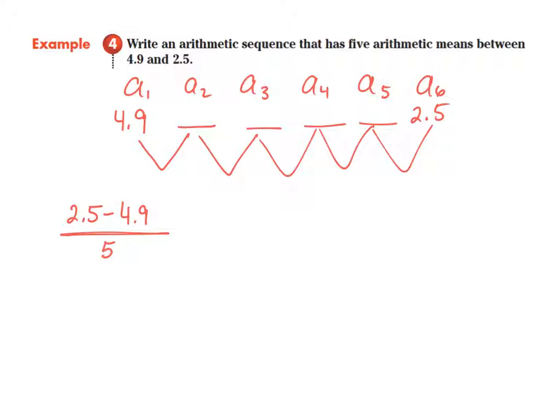Why wouldn't it be 4.9 minus 2.5? Well, you want to do the last one in your series minus your first one in your series. It's not the greatest value because it's actually lower. Because in this case, that's how we know that it's actually going down, because we're subtracting a little bit each time, right? Yeah. Okay.